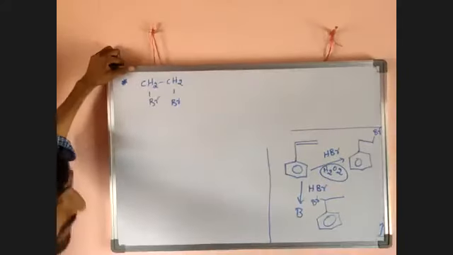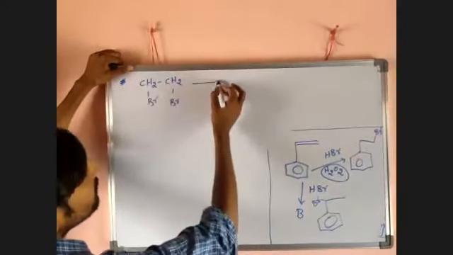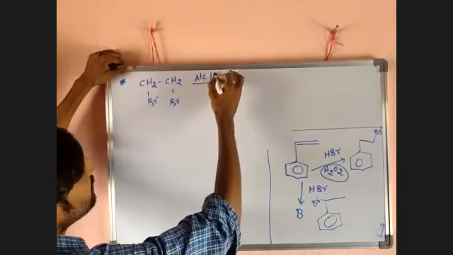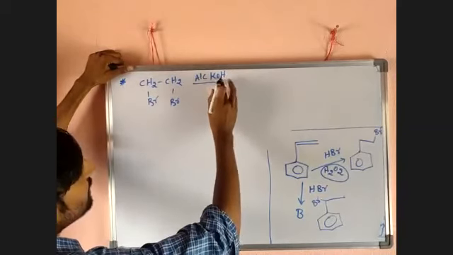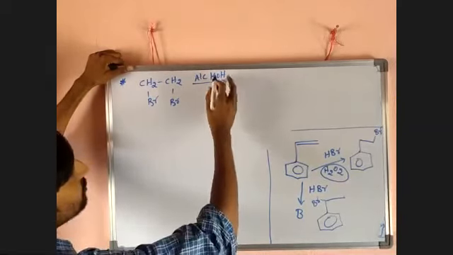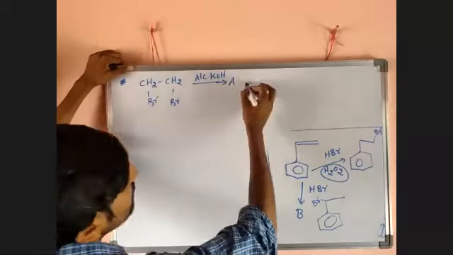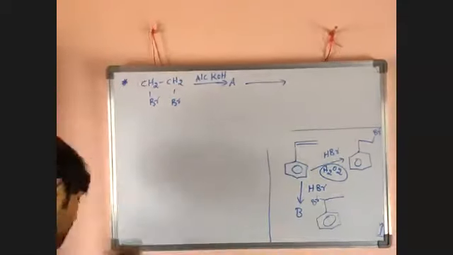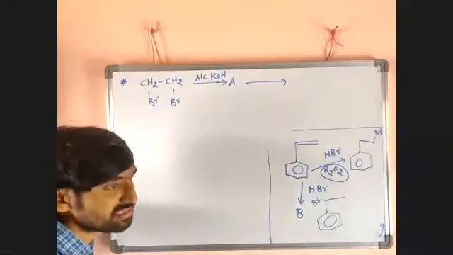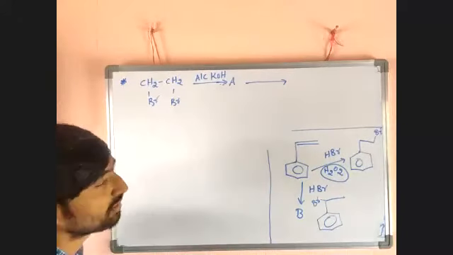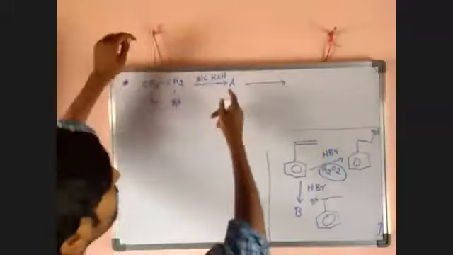It is vicinal dihalide, I told you. In presence of alcoholic KOH, number of moles not indicated in the reaction. You should take a number of moles. Certain cases, if it is a special condition, they may indicate excess. Only excess they may indicate, not specific numbers. Okay, so A you will get.